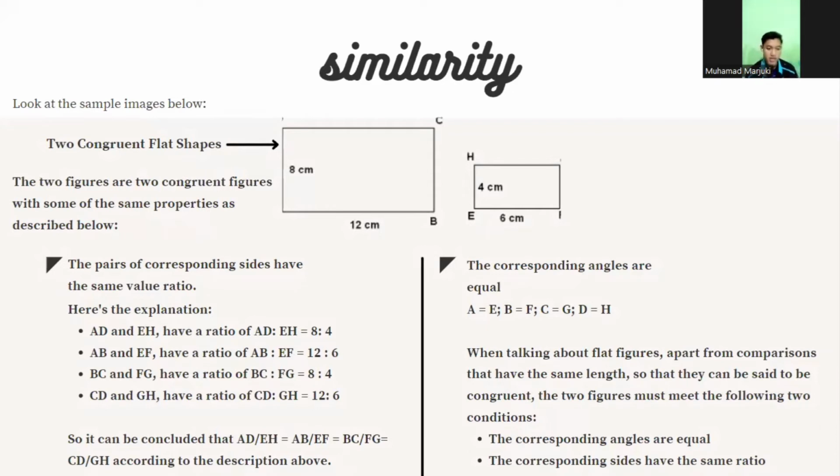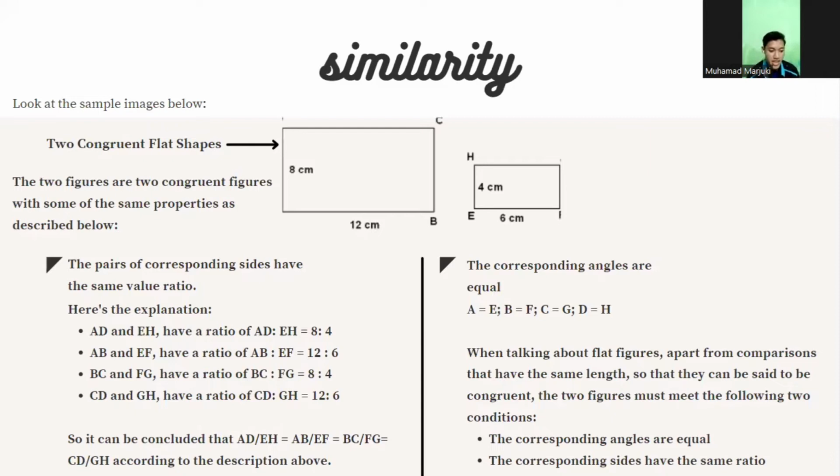First, AD and EH have a ratio of AD to EH equal to 8 to 4. Second, AB and EF have a ratio of AB to EF equal to 12 to 6.